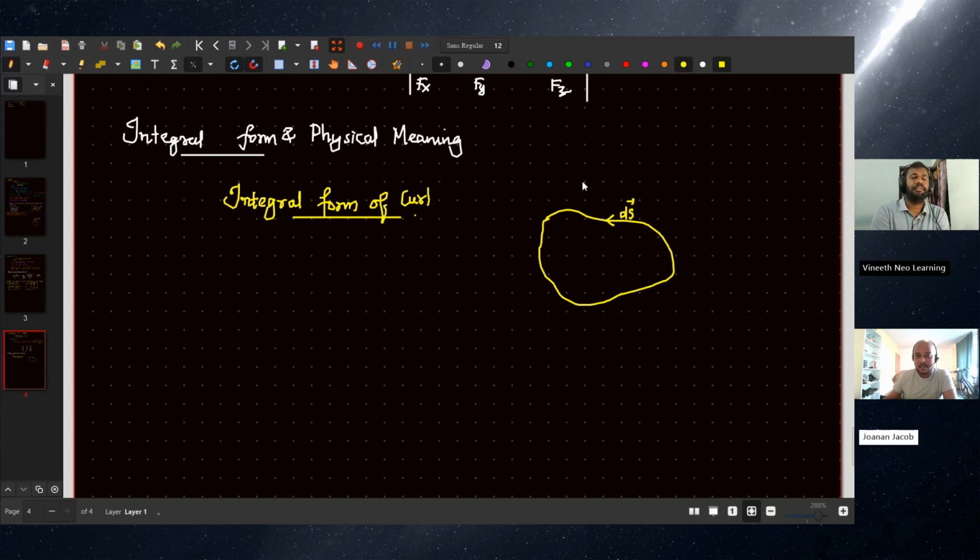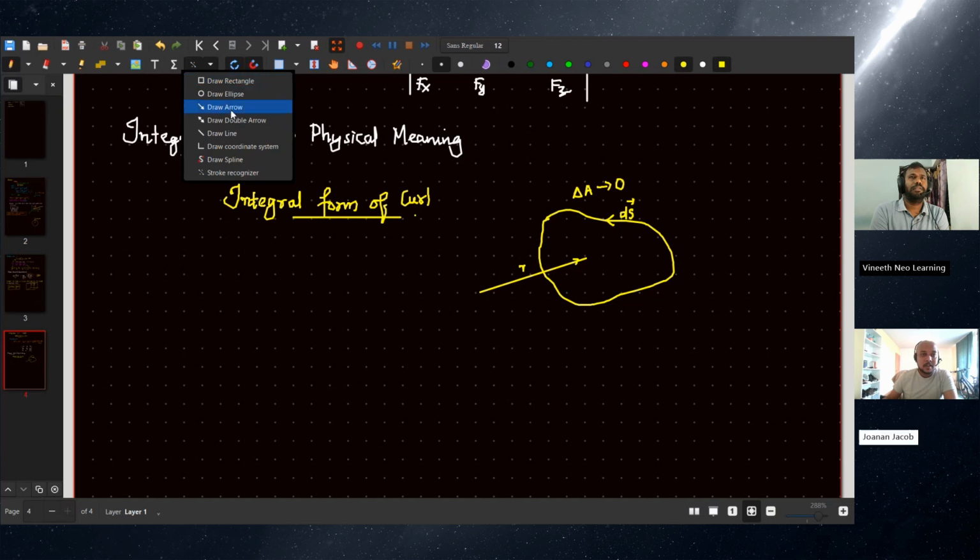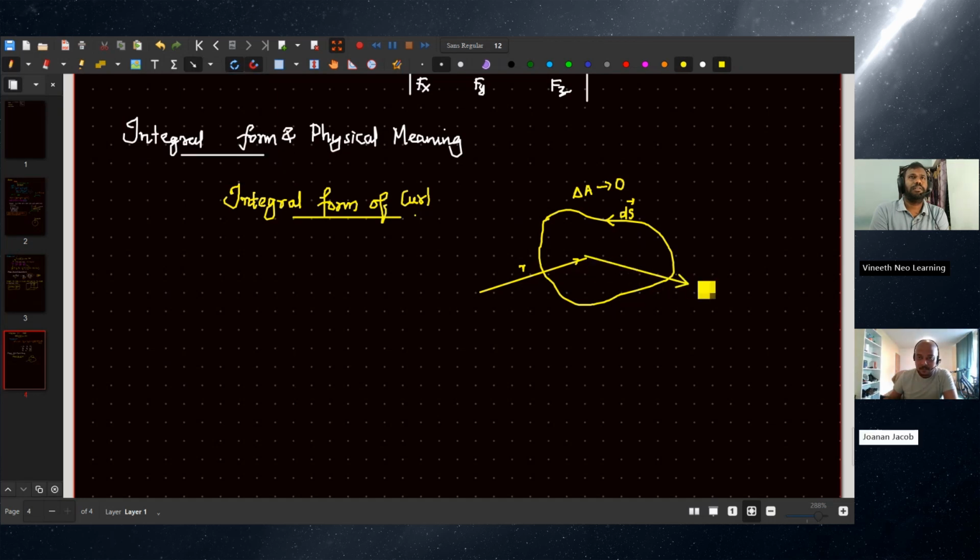This area is delta A, and as usual we will assume it tends to 0. This is the direction of our r. We also need a direction like this, some normal, and let's call it N. Any doubt in this figure? There should not be any doubt.